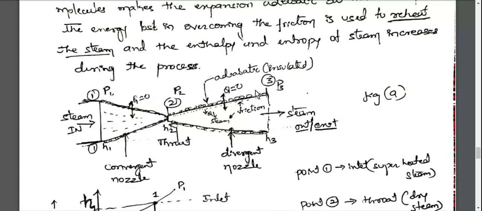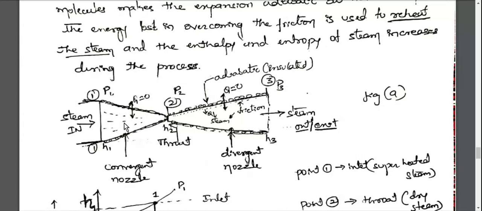P1, P2, P3 are the pressures at points 1, 2 and 3 respectively. Similarly H1, H2, H3 are the enthalpies at points 1, 2 and 3 respectively. Here the first part is the convergent nozzle, the second part is the throat, and the third part is the divergent nozzle.